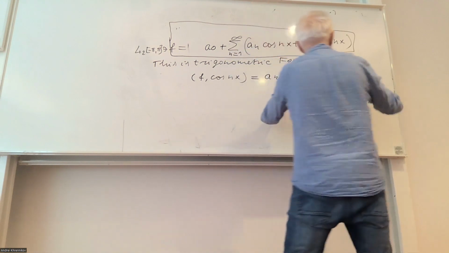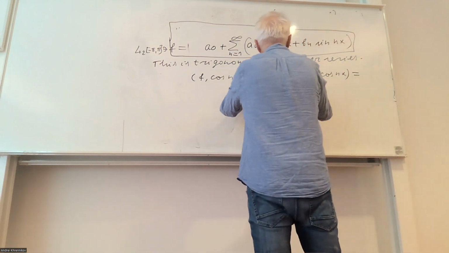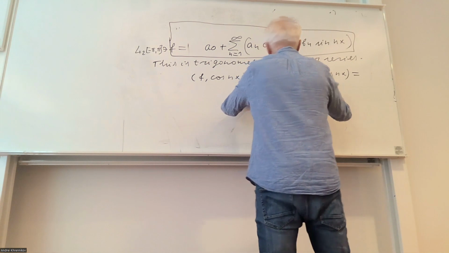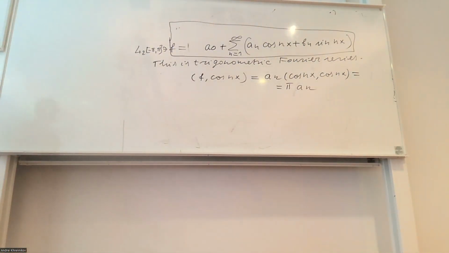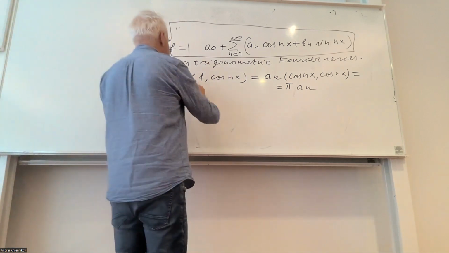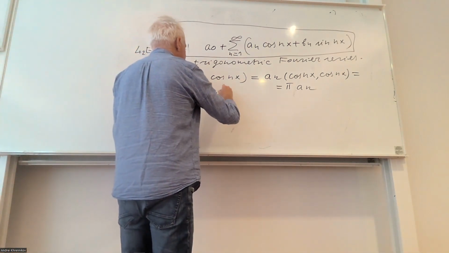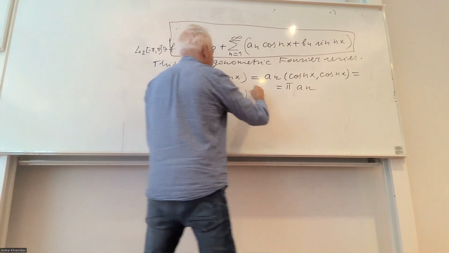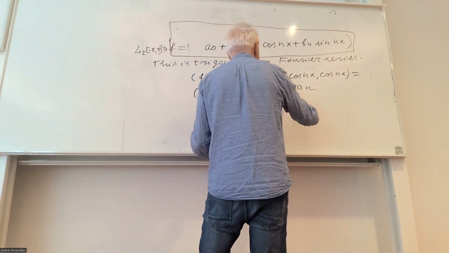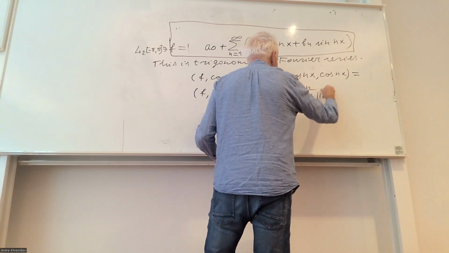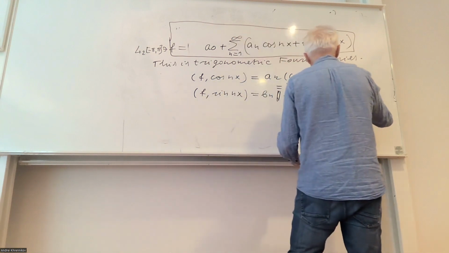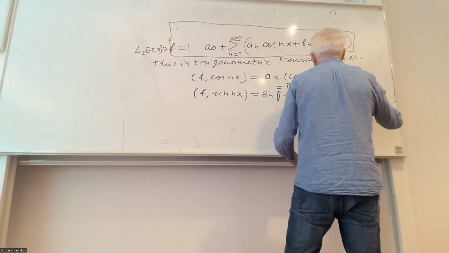And we know that this is equal to pi an. The same formula we get for sine: the scalar product of f and sine nx is equal to bn times the squared norm of sine nx. So this is pi bn.